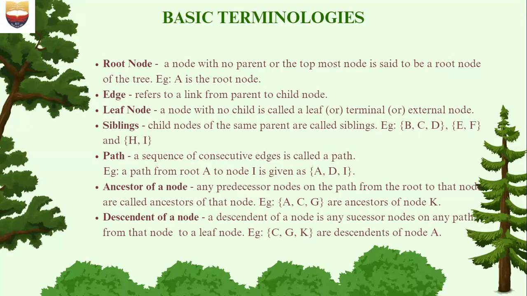But in case of determining descendants of a node, we have to choose the path from that particular node, that is, the node for which we determine descendant nodes, to the deepest leaf node, right? And here, if you take any particular leaf node, it doesn't have any descendant nodes, okay? In case of ancestor of a node, the root node doesn't have any ancestors.